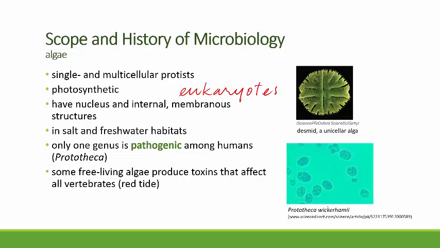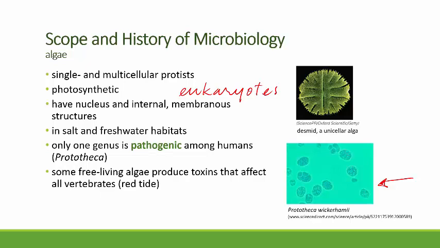So here is a light micrograph of Prototheca wickerhamii that can cause infections in humans. They are actually non-photosynthetic algae. So crazy to think about an alga that doesn't photosynthesize, but sure enough, there are some, and Prototheca is one of them.